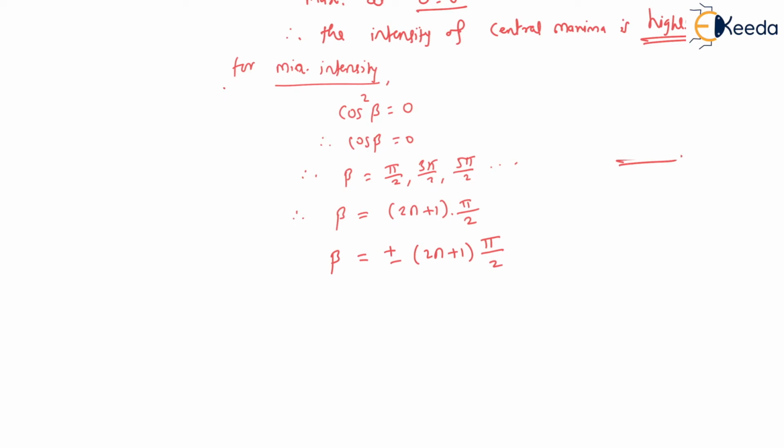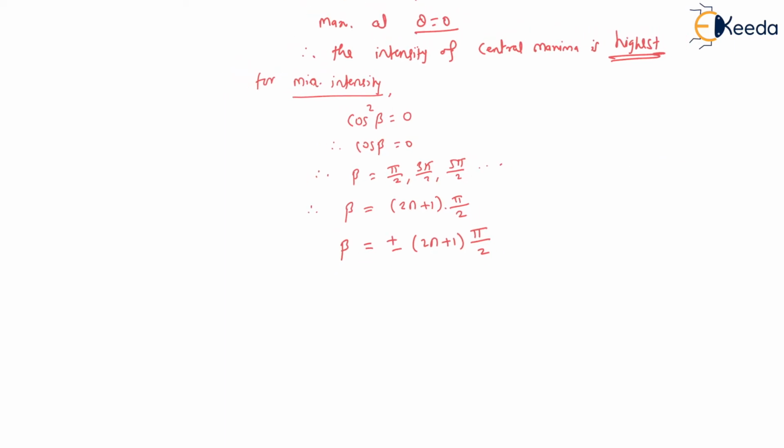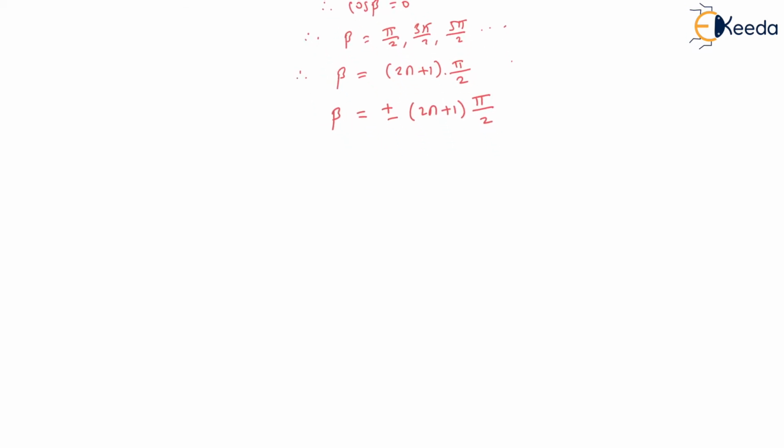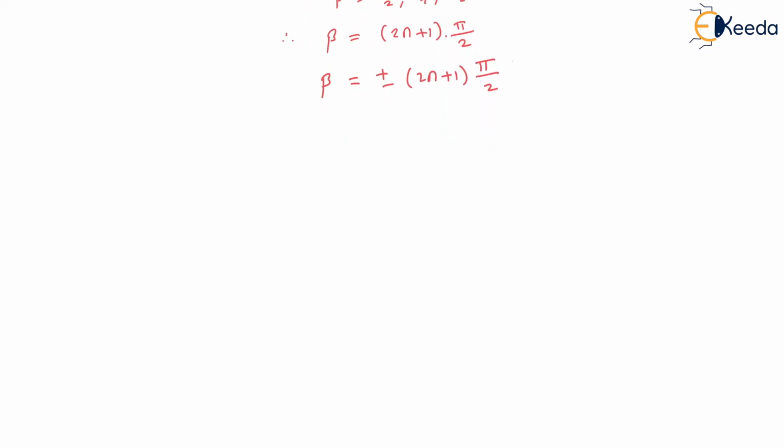Now first of all we will draw the graphical representation for both the components. First for alpha, that is the diffraction component, and then we'll do the same for the interference component, that is beta, and then we will find the combination of both. So first we'll draw the diffraction pattern.